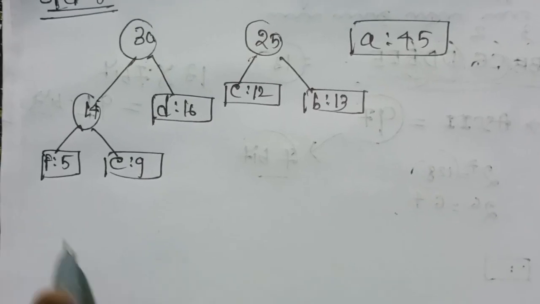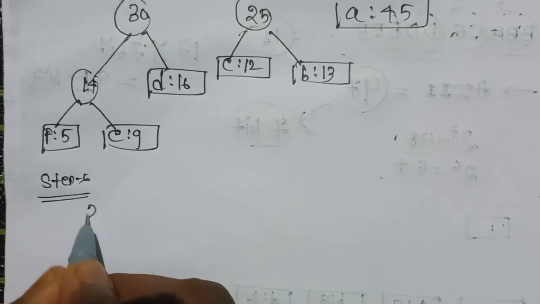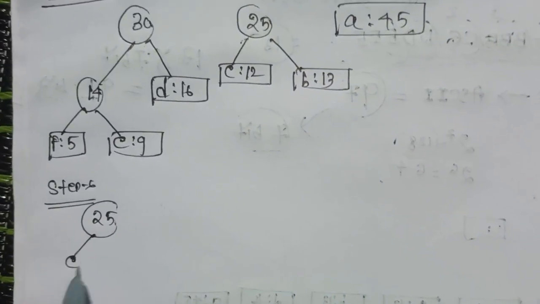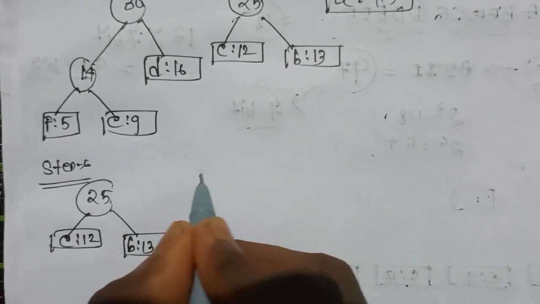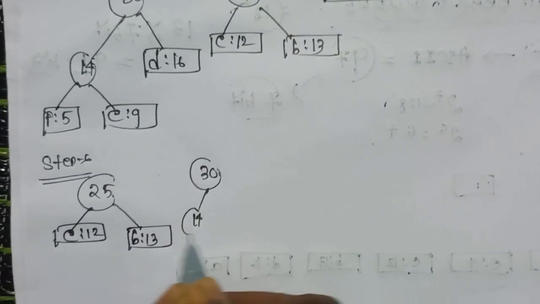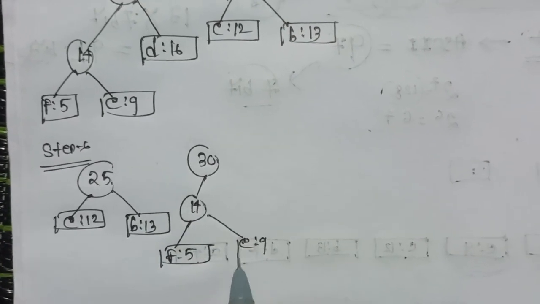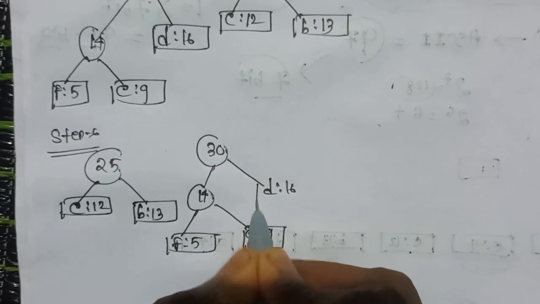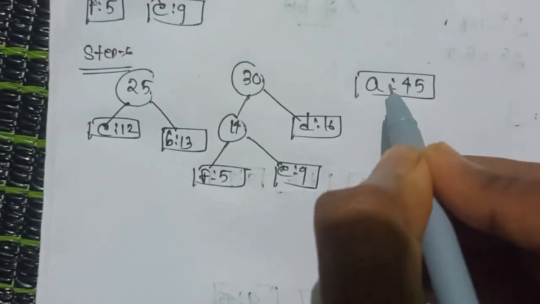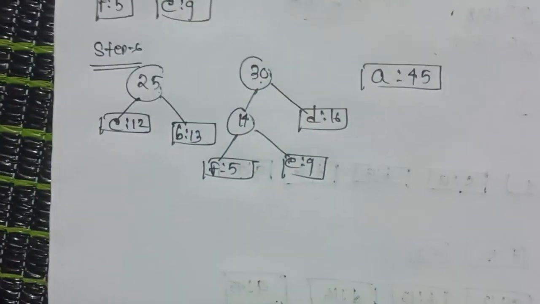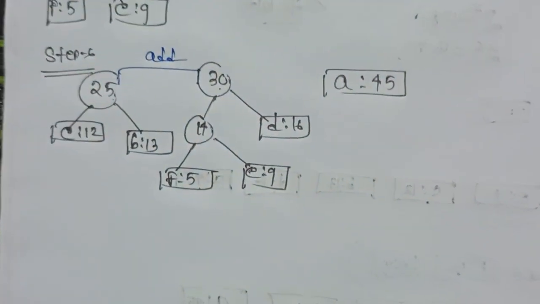So again step number 6, again rearranging this: 25, C12, B13, 30, 14, F5, E9, D16, and here A45. Now the first minimum is 25, the second minimum is 30. So we have to add these two. Clear?